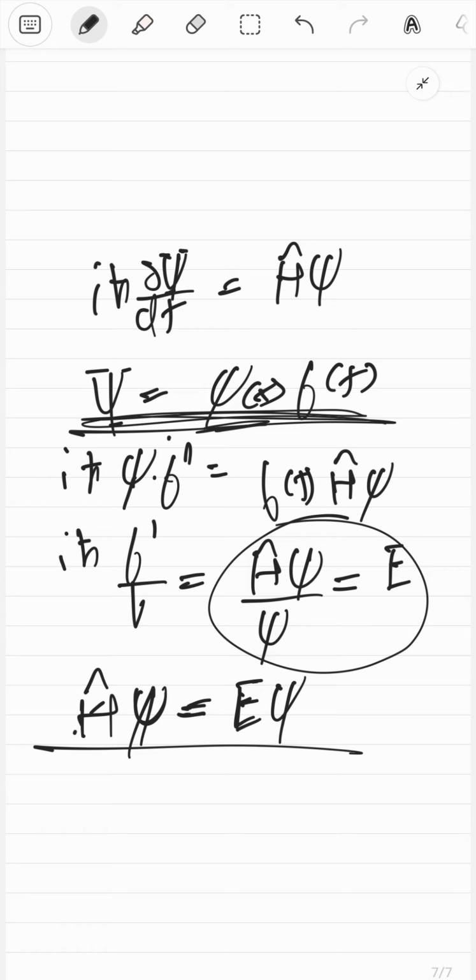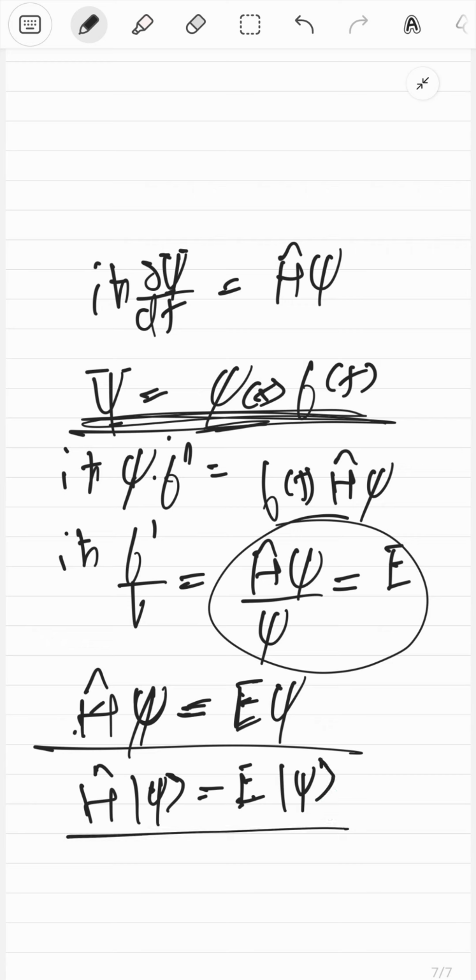So now we're thinking of psi as not just a function but rather as a vector, right? And so the equation that you're going to write is something like this. And for anybody who has studied a bit of linear algebra, what you realize is that this is an eigenvalue equation basically. Like h hat is some matrix, you can think of it like that, although not exactly.